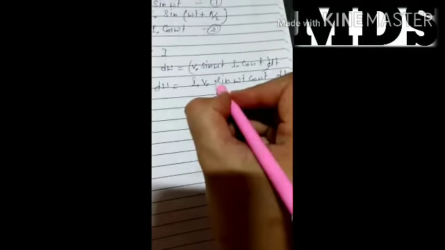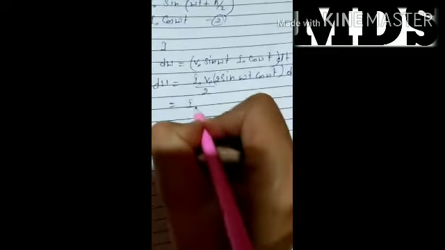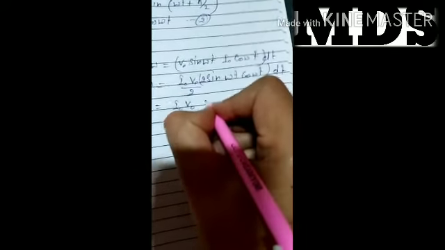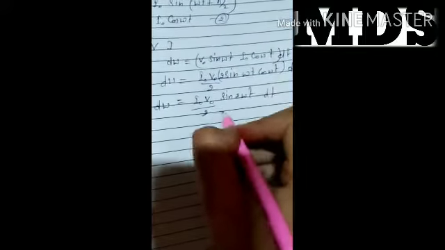Same method, we have to solve this relation. Here multiply and divide by 2, nothing changes. Then we can write I naught V naught sin 2 omega t by 2 dt.